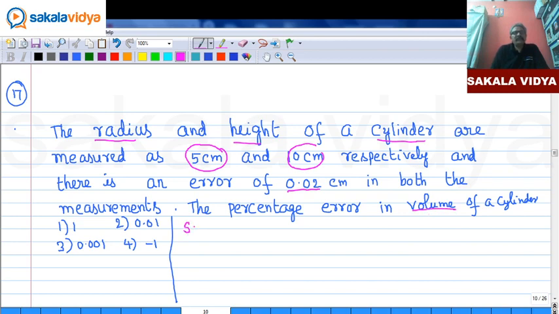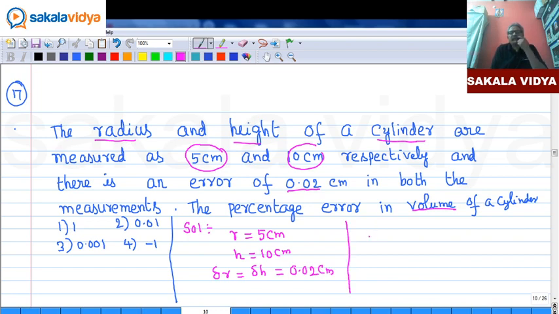So, what is given: radius of the cylinder r is equal to 5 centimeters, height of the cylinder h is equal to 10 centimeters, delta r equal to delta h equal to 0.02 centimeters are given, and we need to find first the volume of the cylinder, 1 by 3 pi r square h.